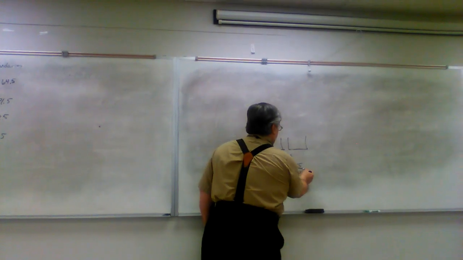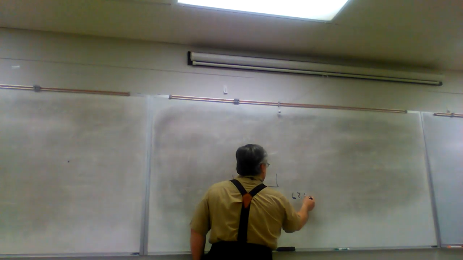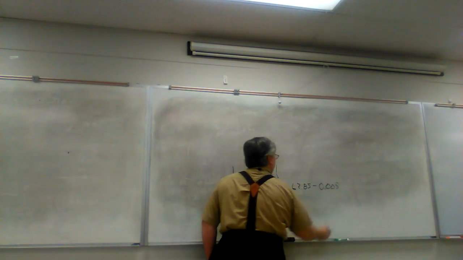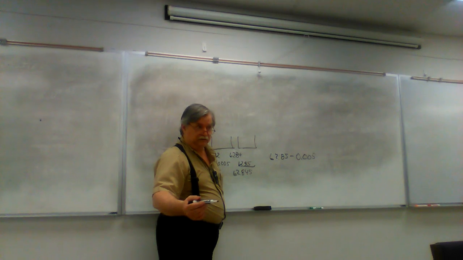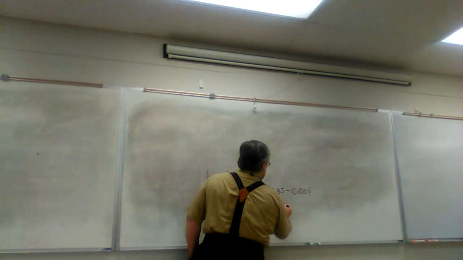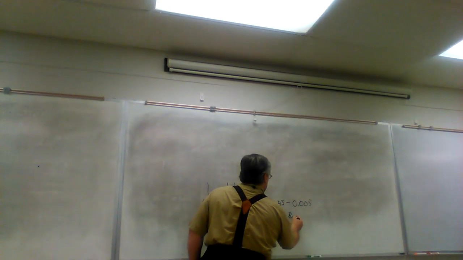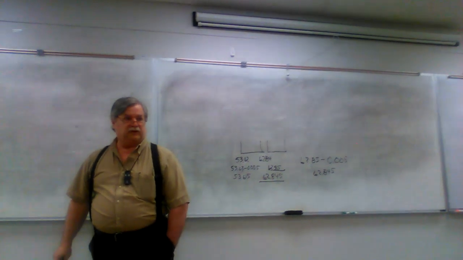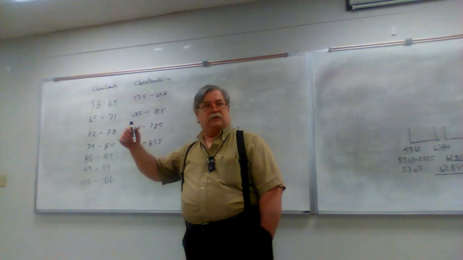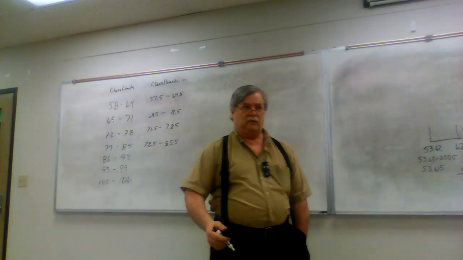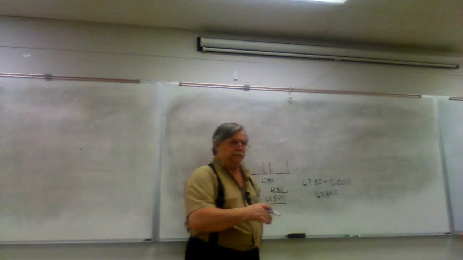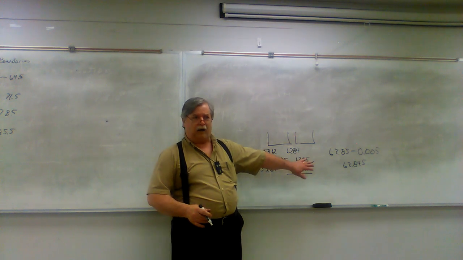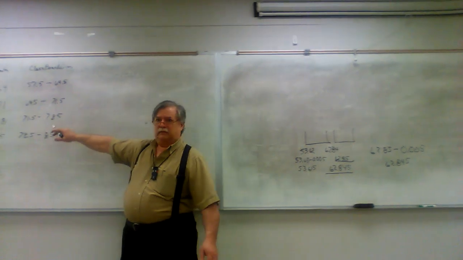What would the lower boundary here be? 62.85 minus 0.005, 5 in the third decimal place, would become 62.845. It will have the same lower boundary as the upper boundary of the class before it. I think it's fairly obvious that this is a little bit more complicated to work through than these integer numbers.